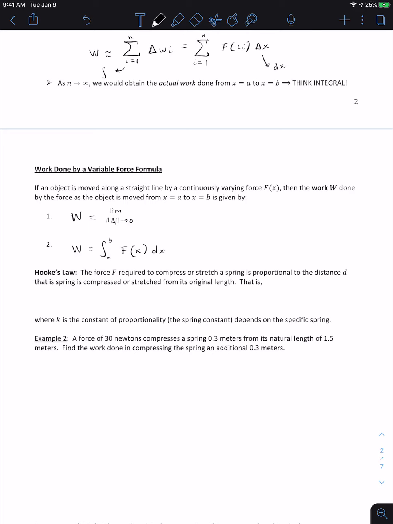So what this is saying is if I make my partition have infinitely many pieces in it, in other words, if I make that n go to infinity, then I have my formula here, which is the sum from i equals 1 of delta W sub i. In other words, I'm adding up my works. Okay, so I'll go ahead and end that here, and we will talk about Hooke's law in the next video.